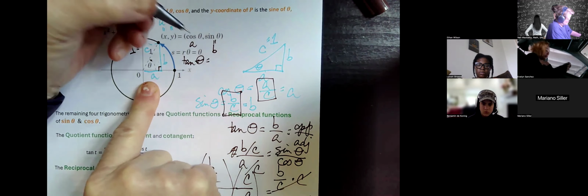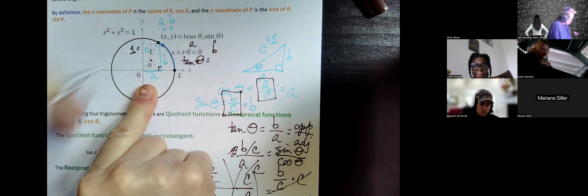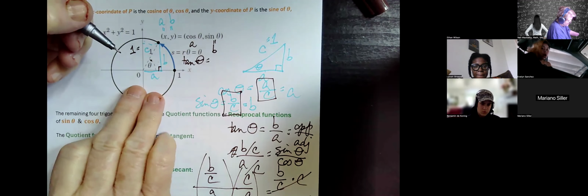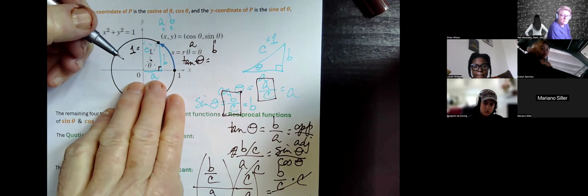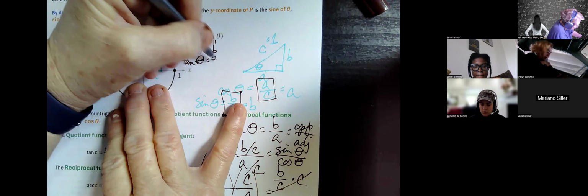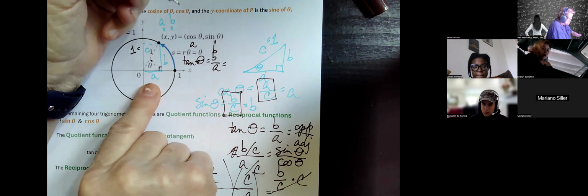Can you say that question one more time? Yeah, what is the tangent using this triangle, the one that is A, B, 1? It would still be B over A, right? Right, it's still B over A. And what is the sine using this triangle?